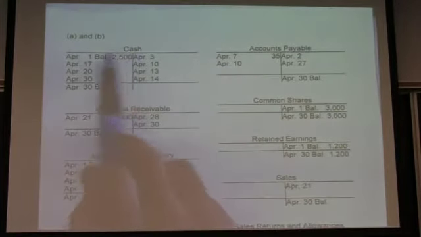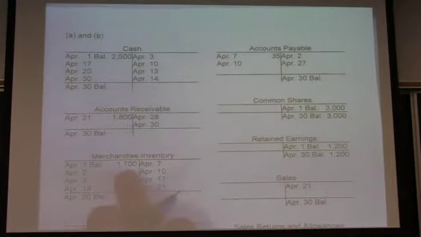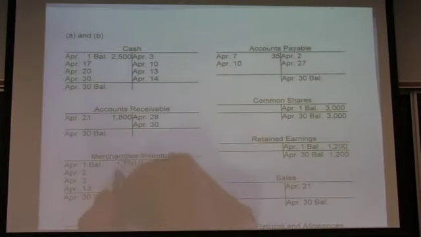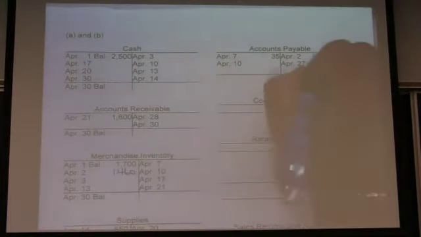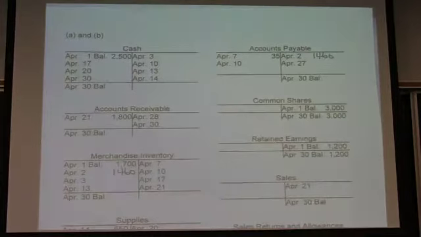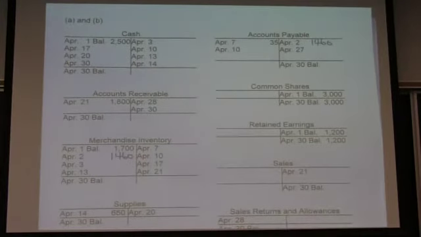So let's go through each transaction. April 2nd, we had debit inventory. So we need to find the T account called inventory, and we need to put $1,460 here. And we need to credit accounts payable, $1,460 here. So the posting is just a mechanical process.